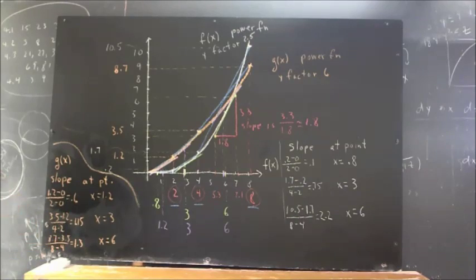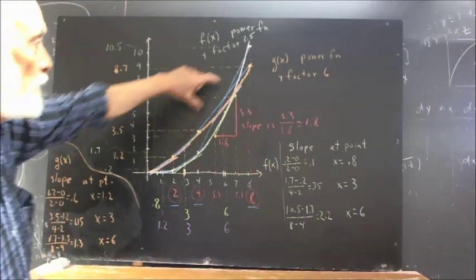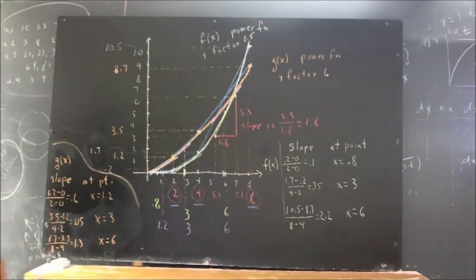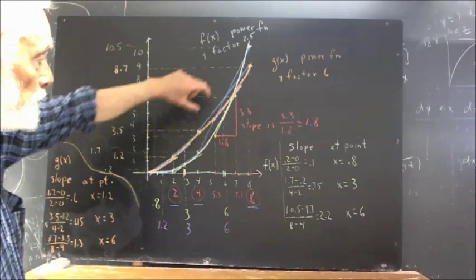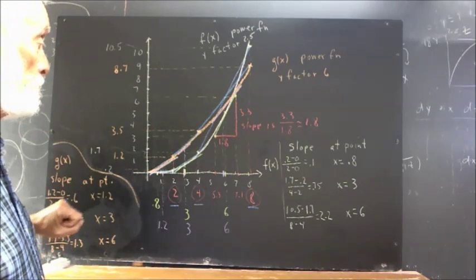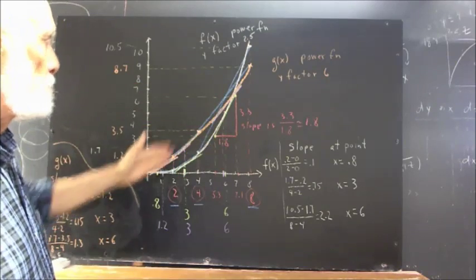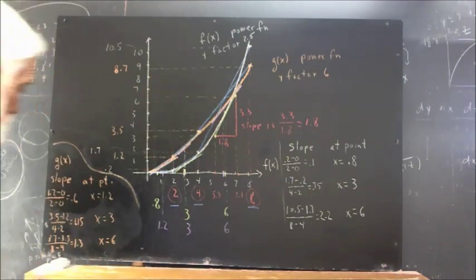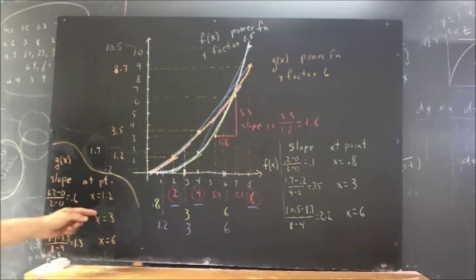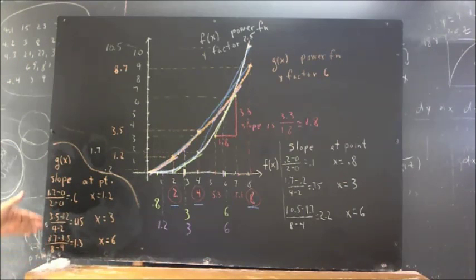And then we make estimates for this and this, giving us the slopes of this purple tangent line and this purple tangent line, and we estimate the coordinates at which those purple tangent lines are tangent to the curve. So that's where we get the x equals 3 and 6, and these slopes 1.15 and 1.3.